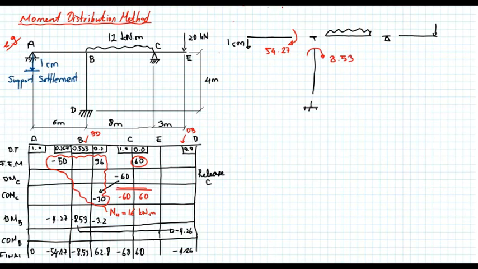At the end of member BD, a clockwise moment of 4.26. At the end of member BC, a counterclockwise moment 62.8. So this is equal to clockwise 60 and counterclockwise 60. So this is the free body diagram.